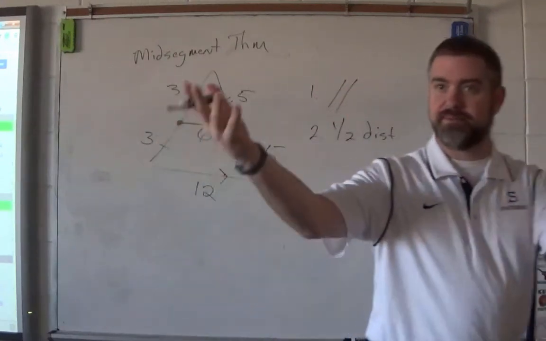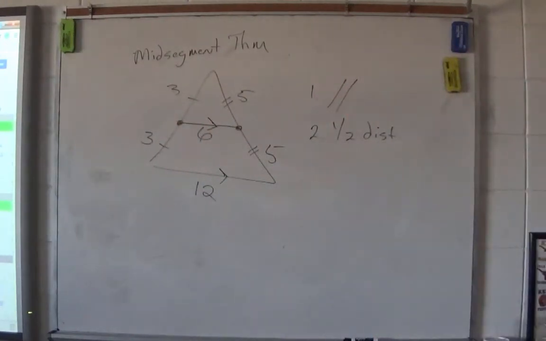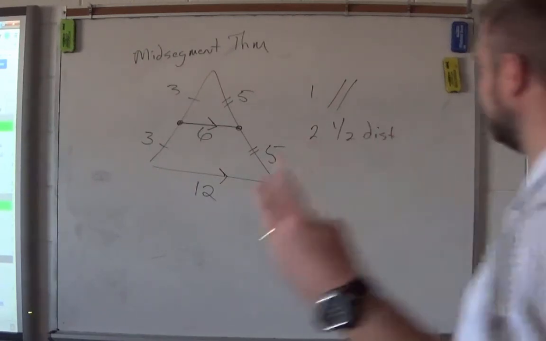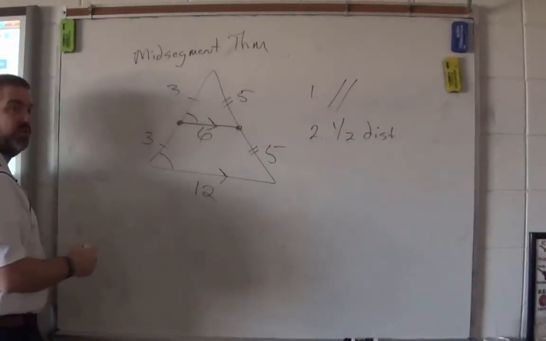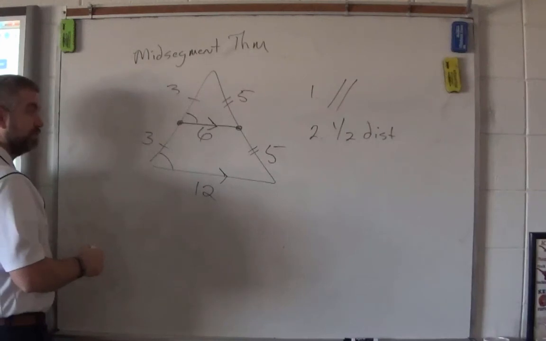Guys, y'all were able to tell me the definition of the theorem, right? It follows. It's easy to understand. It makes sense. If I connect those midpoints, then number one, it's parallel, right? And somebody made the connection that this and this would be congruent by what reason? Corresponding.